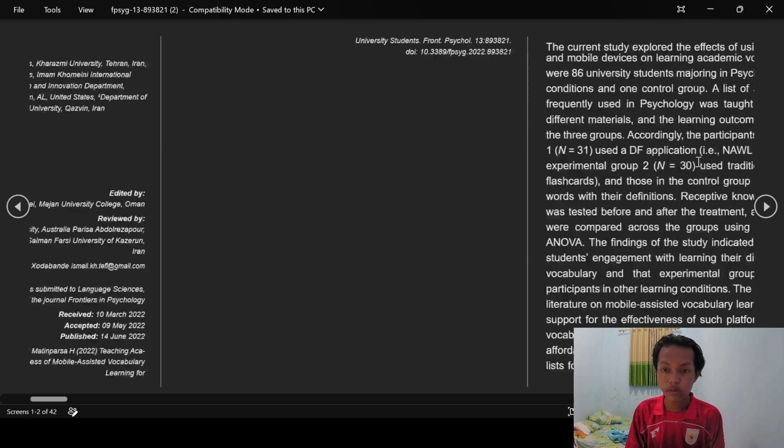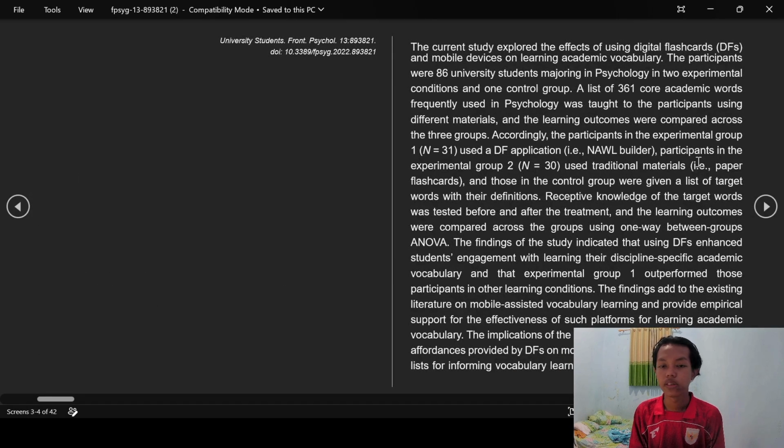The main objective of this article is to investigate the effectiveness of this approach in improving university students' academic vocabulary. The participants of this research were university students, and the researchers used a mobile-assisted vocabulary learning approach. Through this method, students learn academic vocabulary using digital flashcards on their mobile devices.